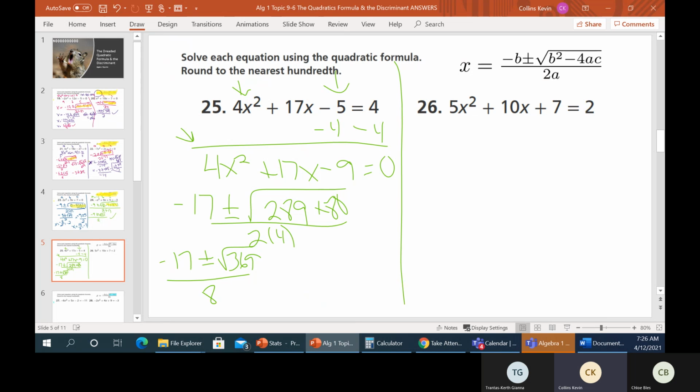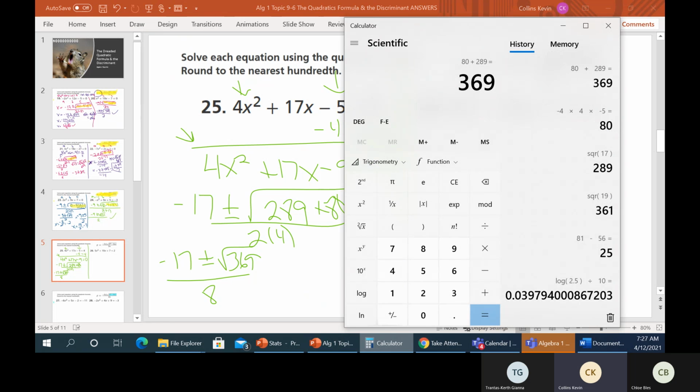Now 369, 3 will go in there, so let's try 9 and see if 9 divides in there. 369 divided by 9. Oh, cool, that works.